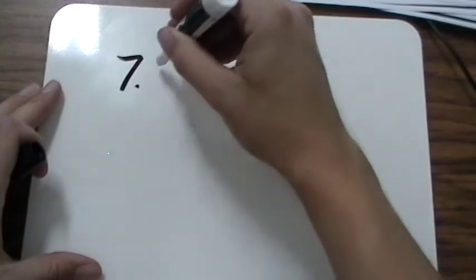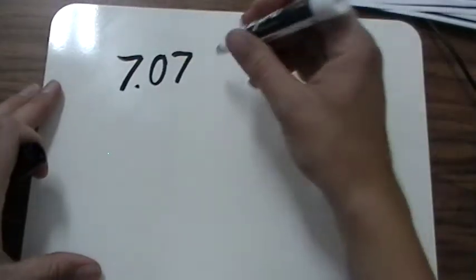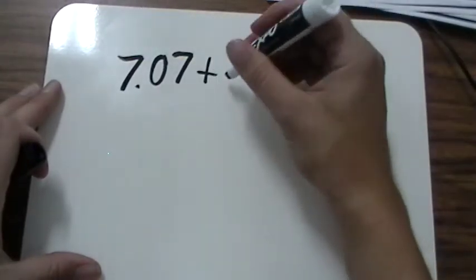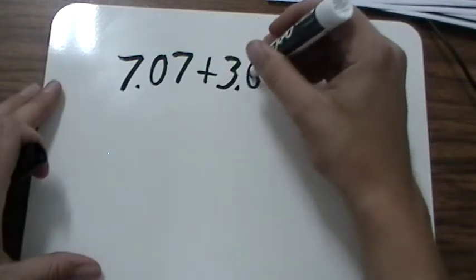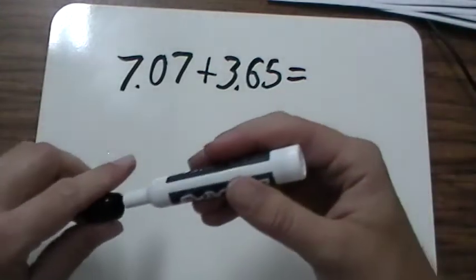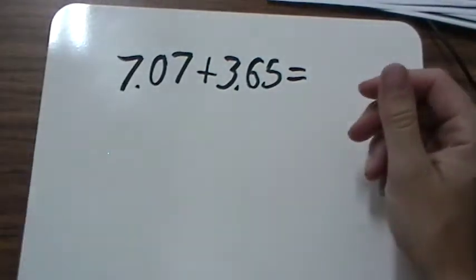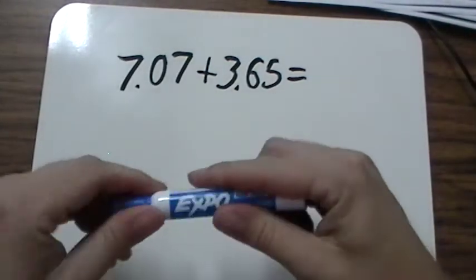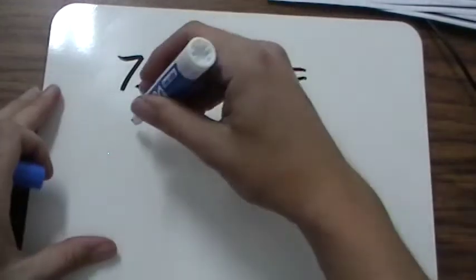All right, let's move on. If we're thinking about decimals like money, then we can also think about decimals when I'm adding like money. If I have $7.07 and you gave me $3.65, how much money would you have? Well, what I'm going to do is rewrite this problem and line it up on the decimal point.